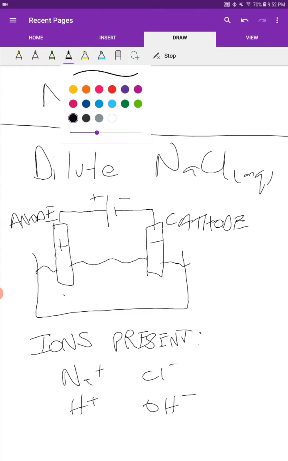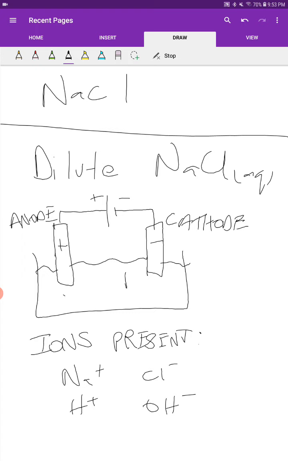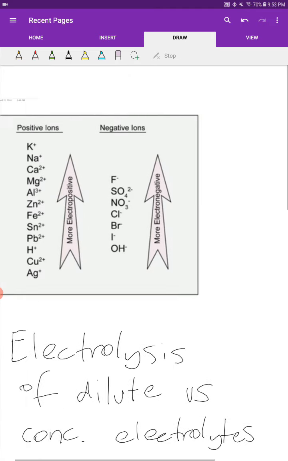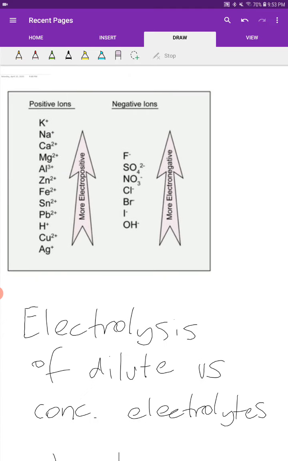So for our cations, they're going to move to the cathode, Na plus and H plus, and let's check our electrochemical series and see what will get discharged. We have sodium, we have hydrogen.